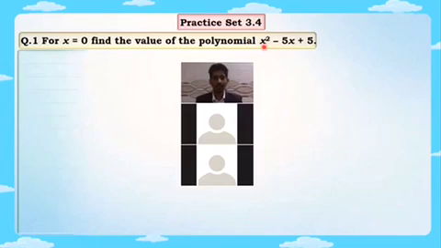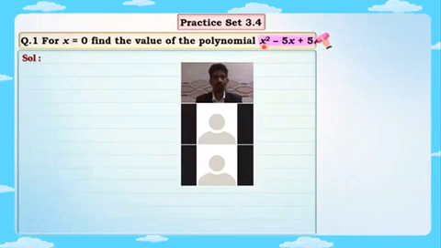पहले हम लोग लिखेंगे p of which variable is there, x. तो हम लोग यहाँ पे लिखेंगे p of x because variable x है, तो p of x is equal to, this is a polynomial given to us. We are supposed to find the value of this polynomial when x is equal to 0. That means it's very simple rule.